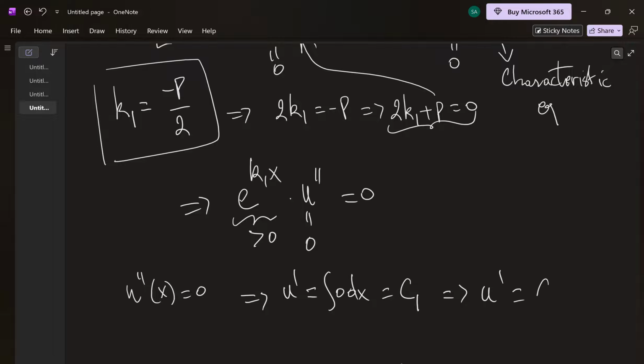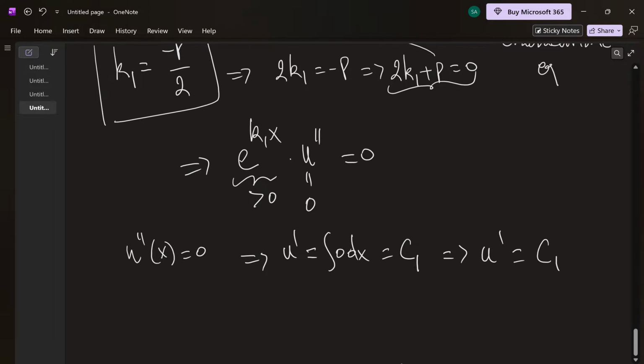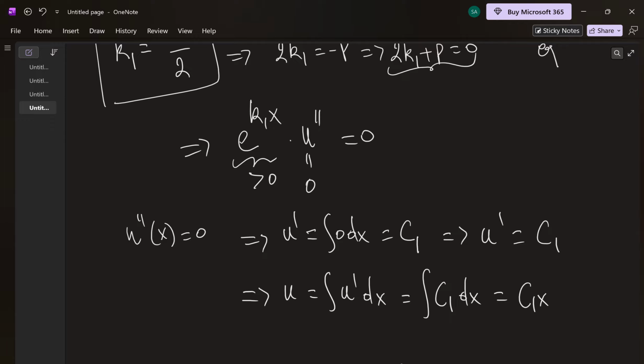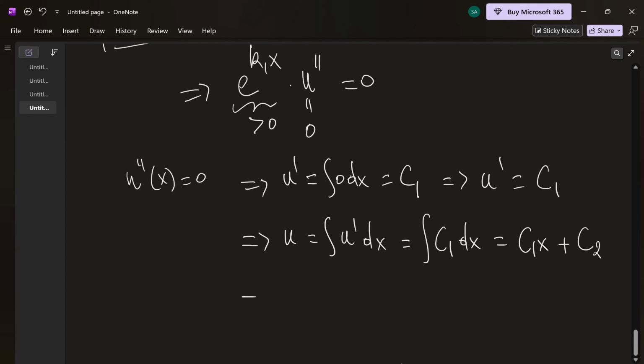So we have now u prime is equal to C1. Now we take the second integral. So u is equal to the integral of u prime dx, which is the integral of C1 dx, and in this case you will get C1x plus another constant C2. So finally we get u is equal to C1x plus C2.